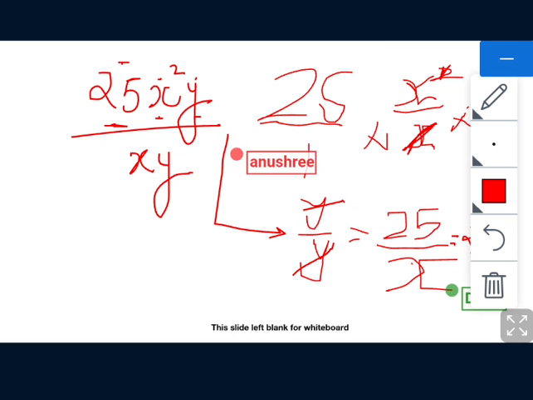So after you complete this, solve this one.